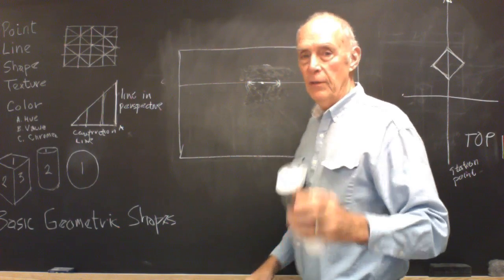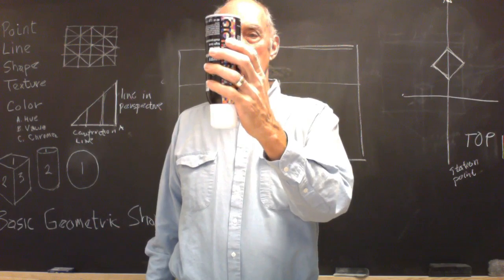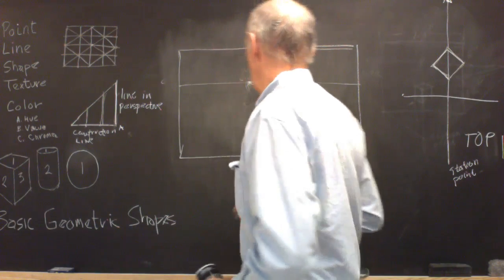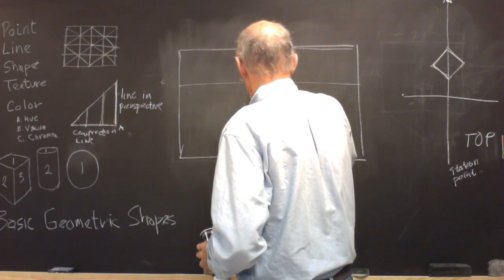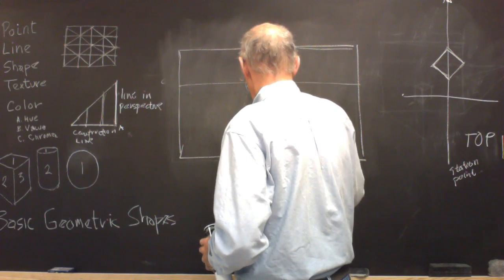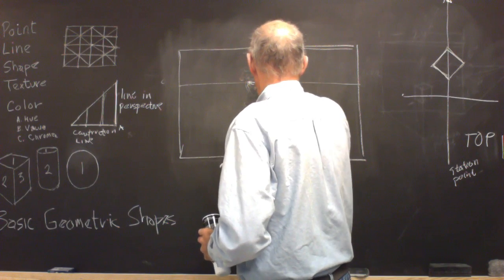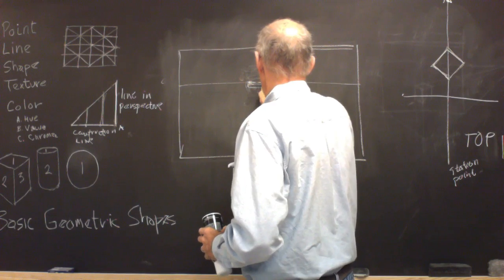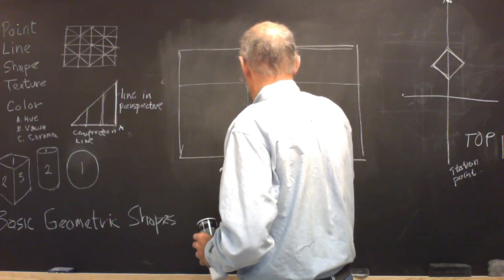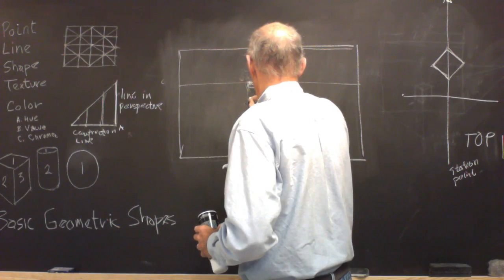Another thing that happens is if I take this and I start lowering this down, remember, if I start moving this circle down, it's going to be a really thin ellipse.